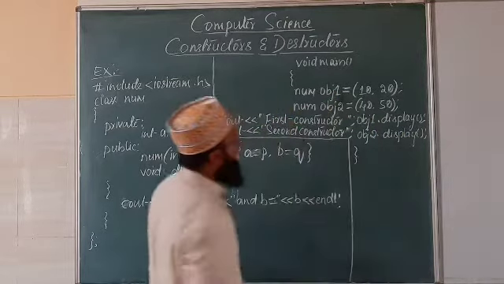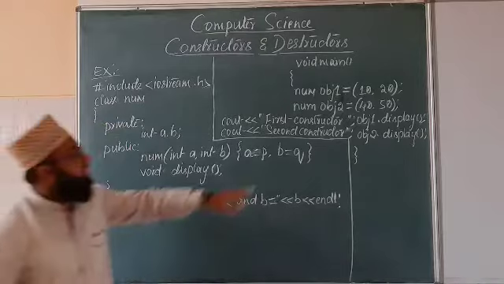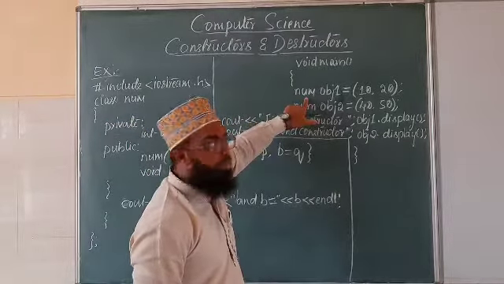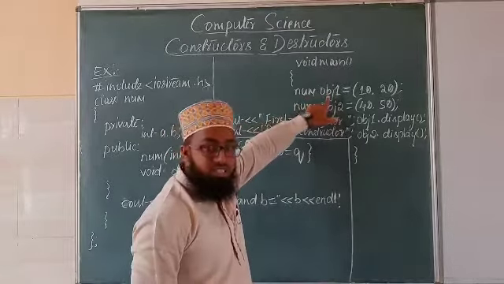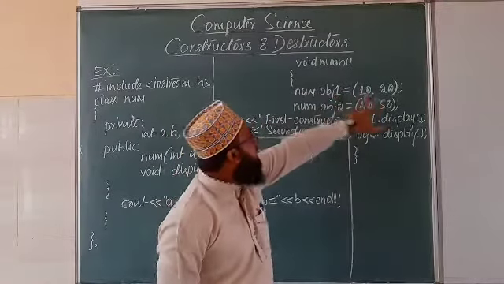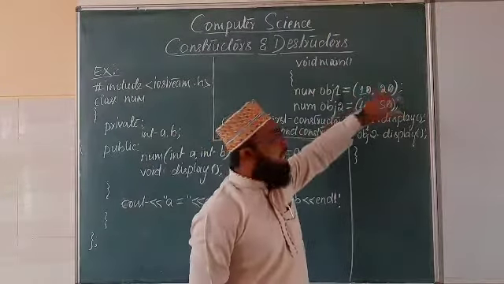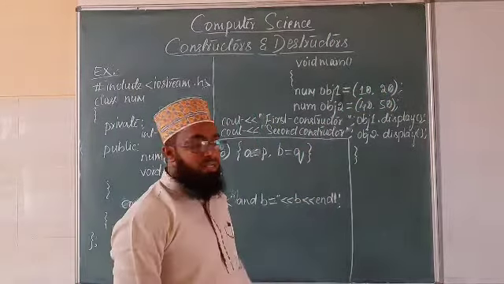Finally this program is going to be closed. See, the explicit call is done here: object name, then constructor, assignment operator, then the arguments enclosed in parenthesis.